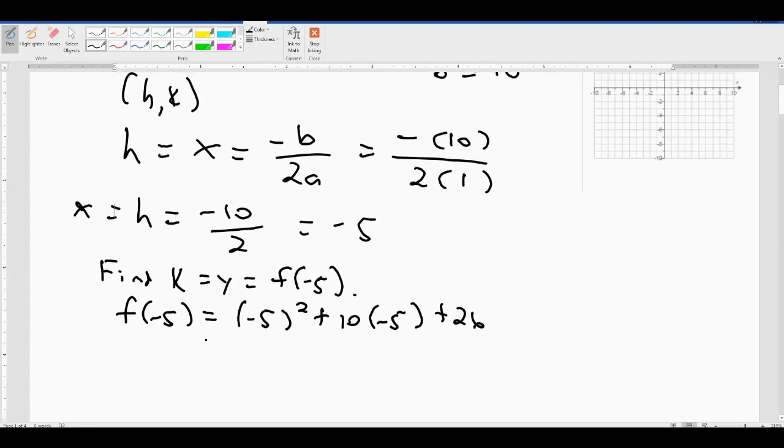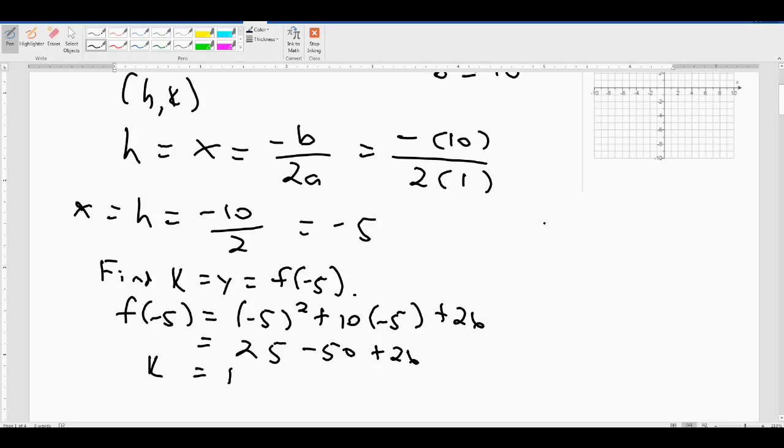And if you want to do this by hand, which I'm going to, negative 5 squared is positive 25. 10 times negative 5 is negative 50, plus 26. 25 minus 50 is negative 25, and negative 25 plus 26 is 1. So that means that our k, or our f of negative 5, however you want to say it, is 1.